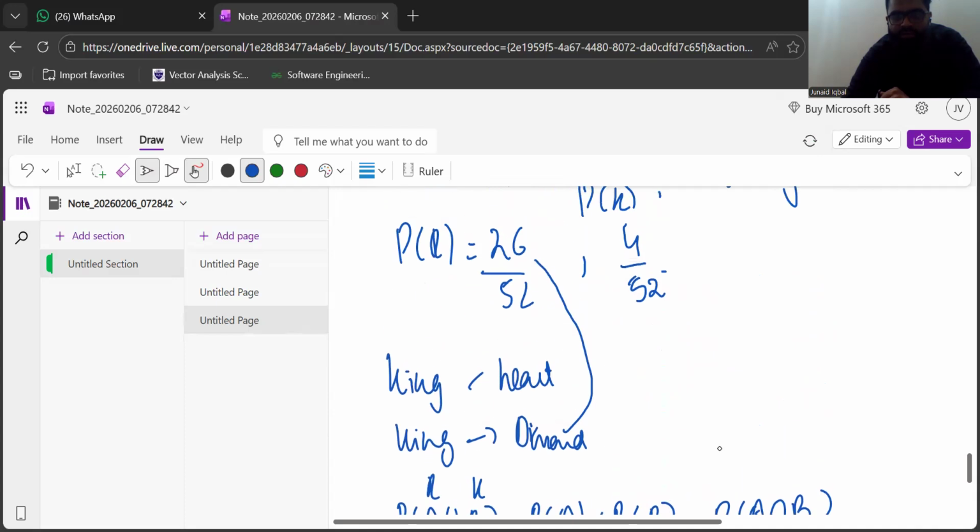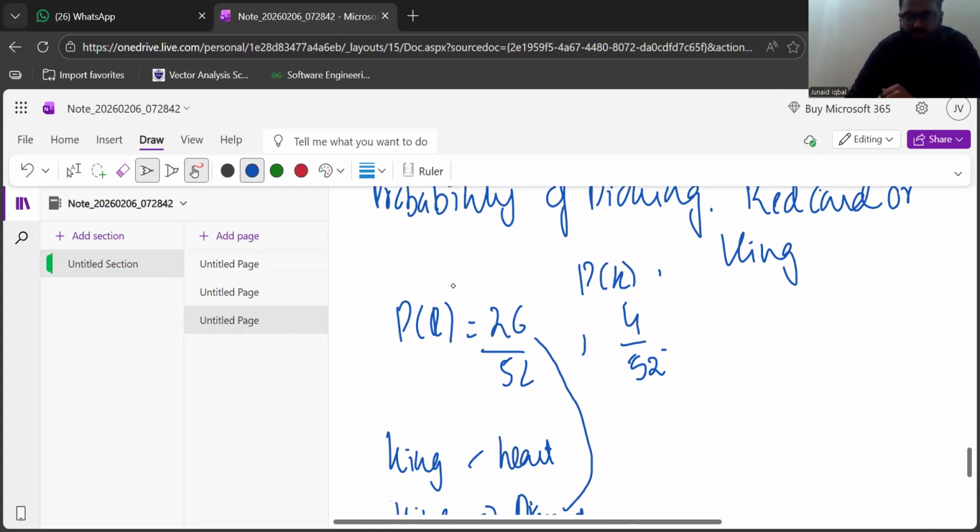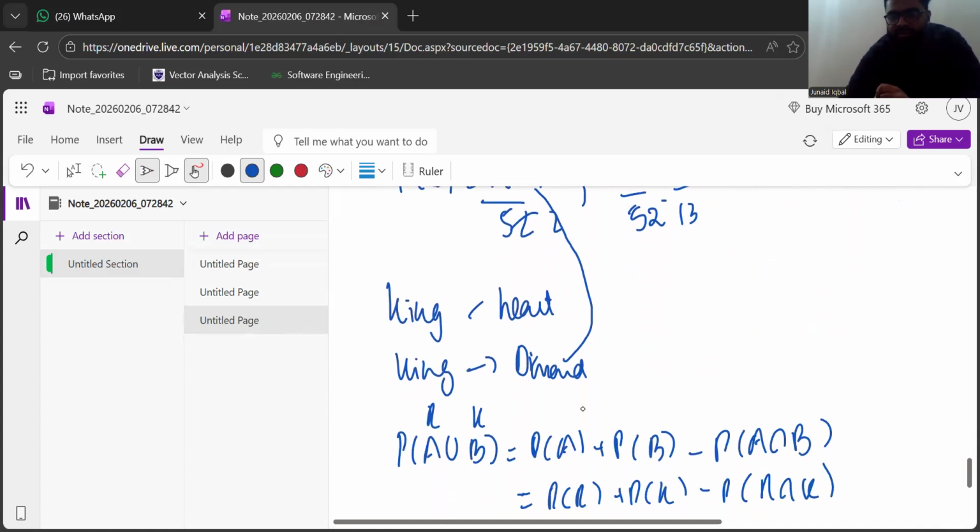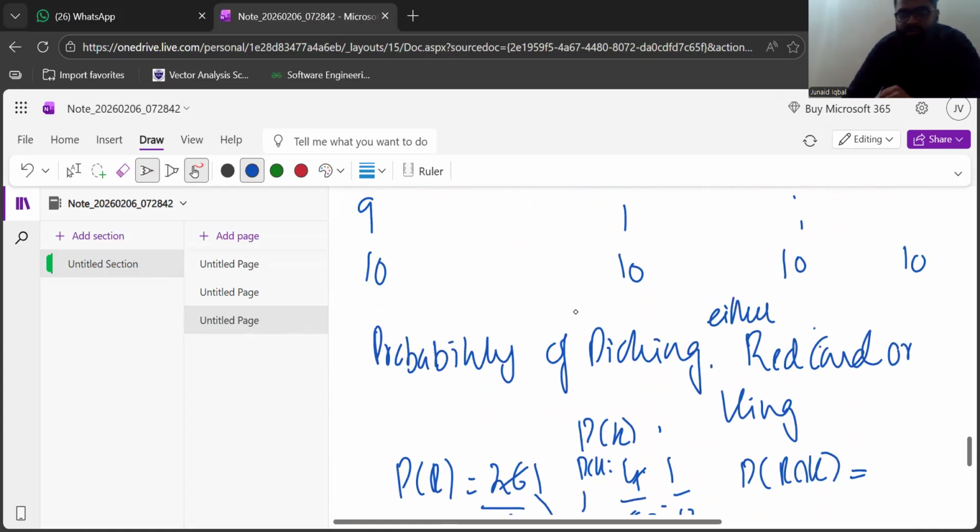The probability of red is 26 upon 52, or 1 upon 2. The probability of king is 4 upon 52, or 1 upon 13. For red intersection king, there are two kings which are red, heart and diamond, so 2 upon 52, which is 1 upon 26.